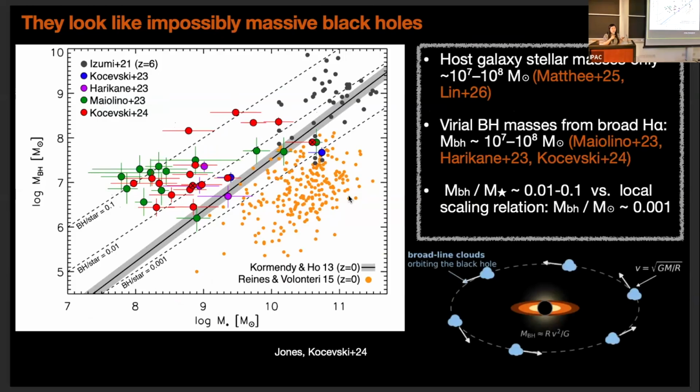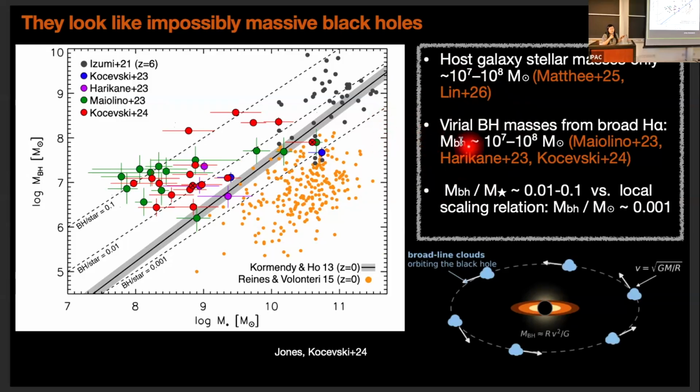And here come the basic properties of the LRD. If you take the broad line width at face value and apply the standard virial calibration to calculate its black hole mass, this is what you get. The host stellar mass measured from the clustering analysis suggests that the LRD host has a stellar mass of 10 to the 7 to 10 to the 8 solar masses.